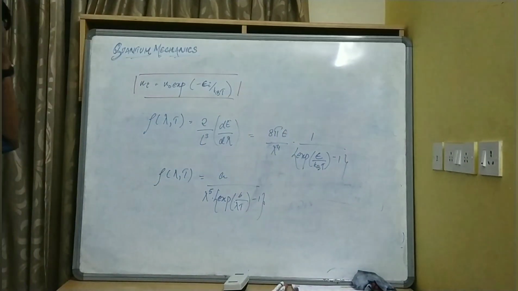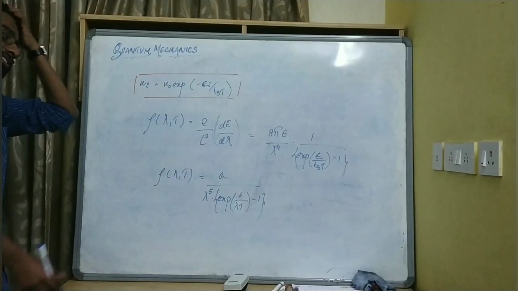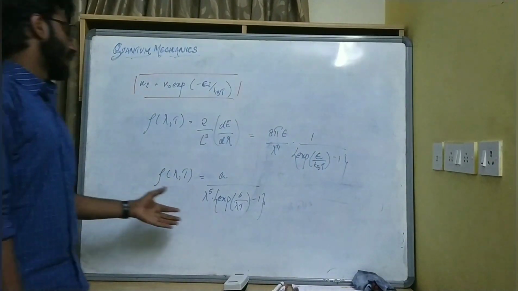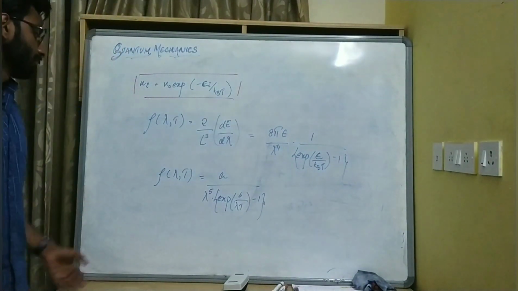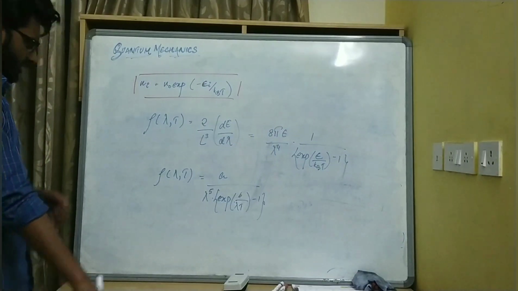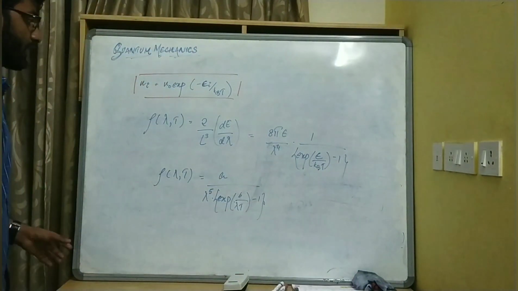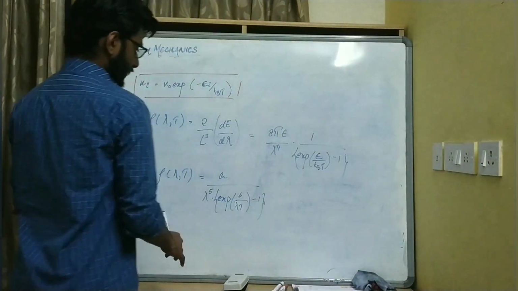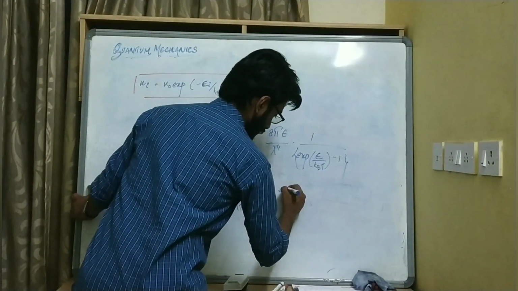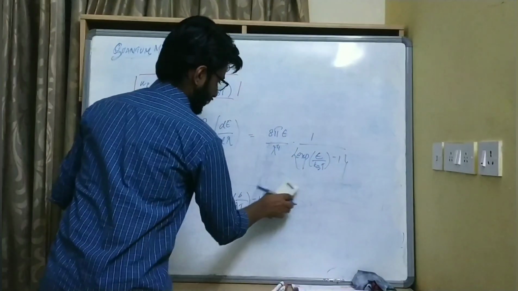So this was the starting expression which Planck used to explain the spectrum, and we can compare these two expressions because they are exactly the same. So what we get is comparing these two.